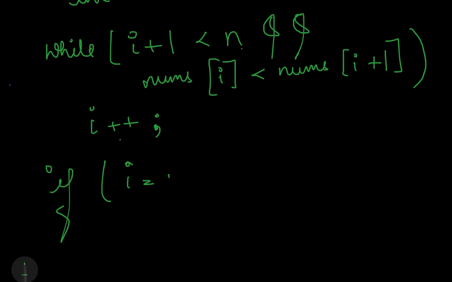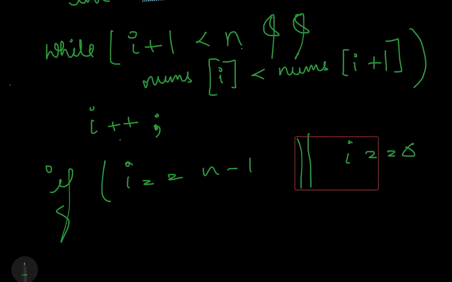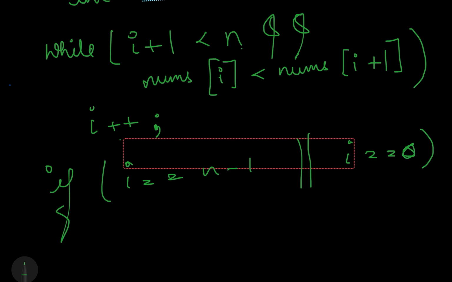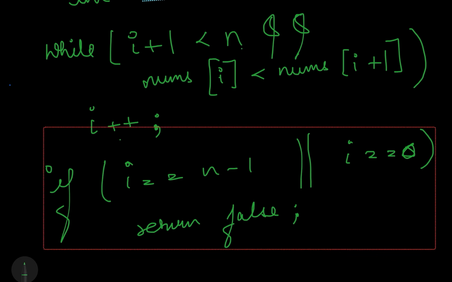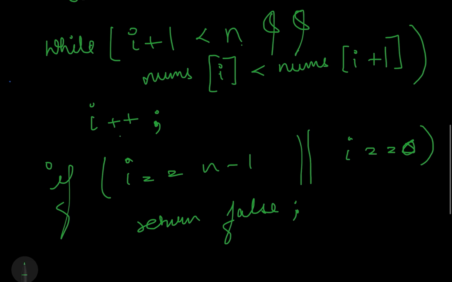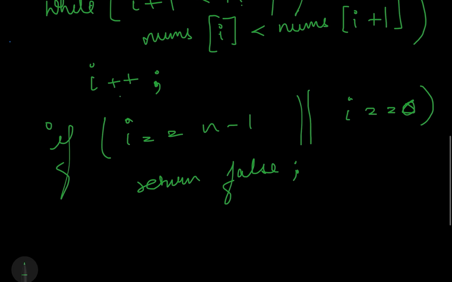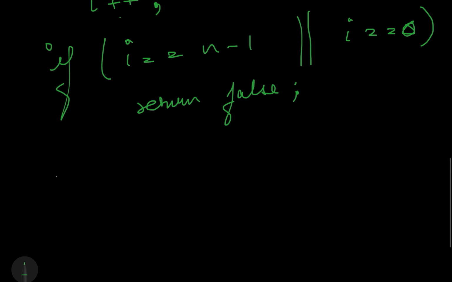So we'll check if I is equal to n minus 1, or if I is equal to 0, then also it would not be possible. So we'll simply return false. That means phase 1 is not strictly increasing only.